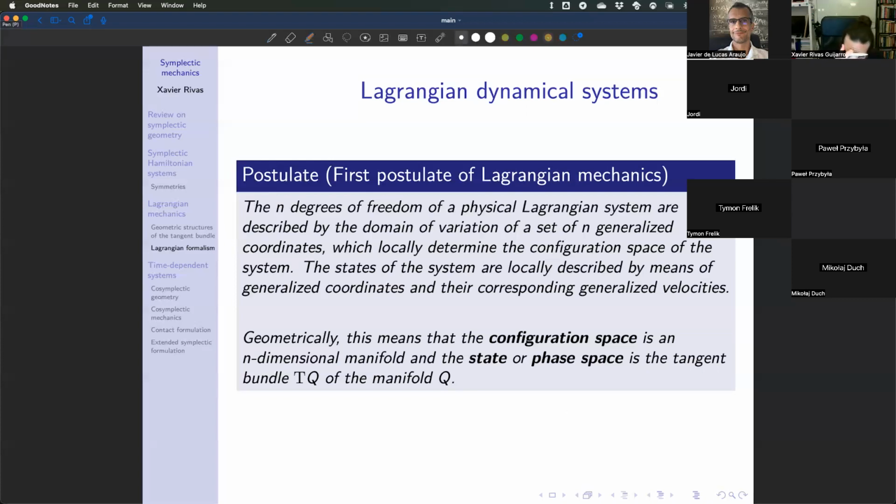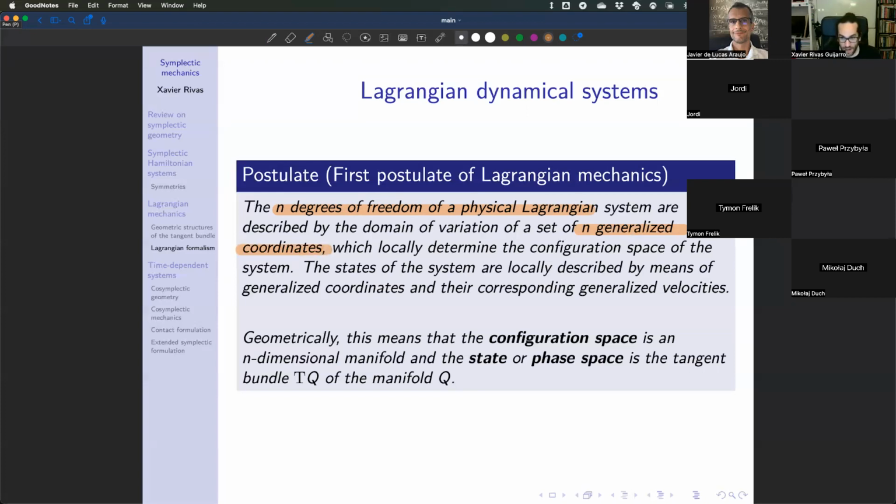So in an axiomatic way, we will have several postulates for Lagrangian mechanics. First of all, the n degrees of freedom of a physical Lagrangian system are described by the domain of variation of a set of n generalized coordinates.